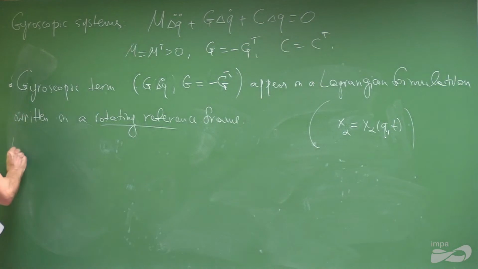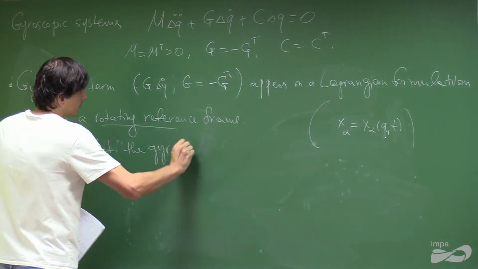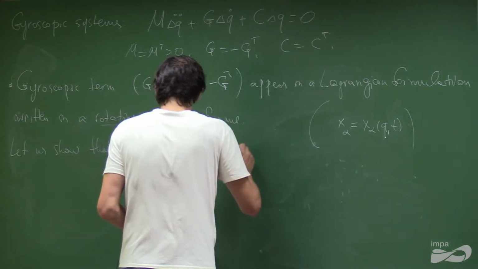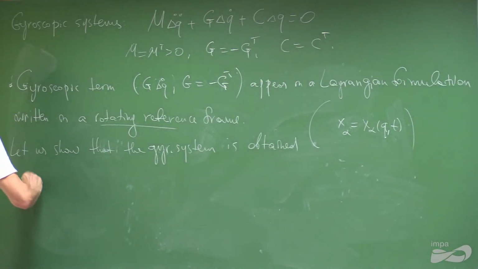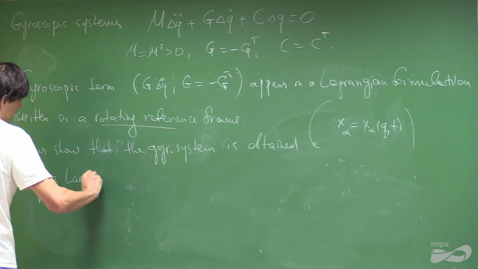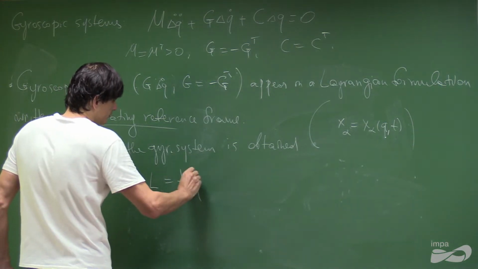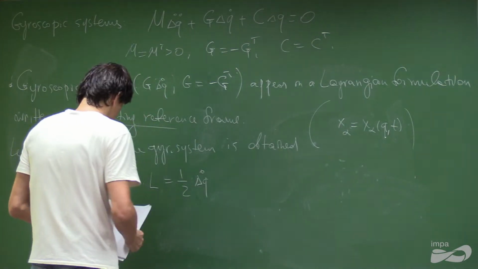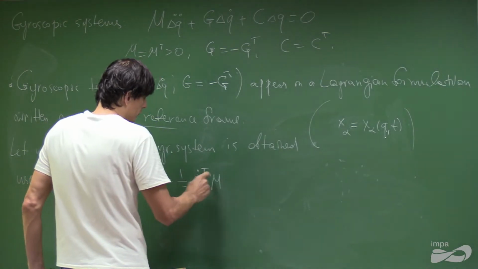So now just let us show that the gyroscopic system, this system, is obtained using a Lagrangian function, which is just half of velocity squared, or velocity transposed velocity.